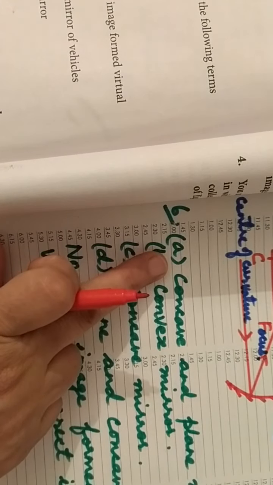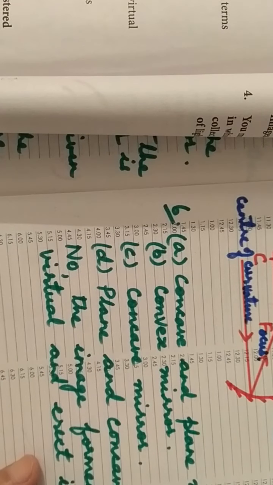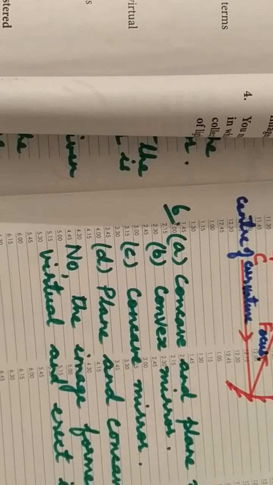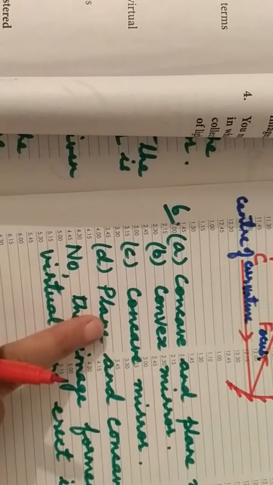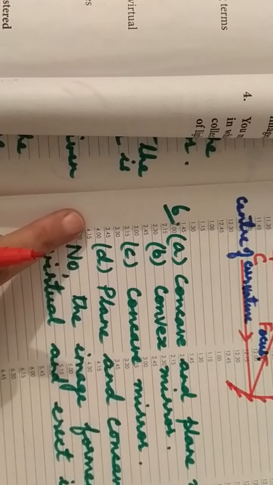So first, the makeup mirror: concave and plane mirror. Second, the rear view mirror of vehicles: convex mirror. Reflecting type telescope: concave mirror. Shaving mirror: plane and concave mirror.